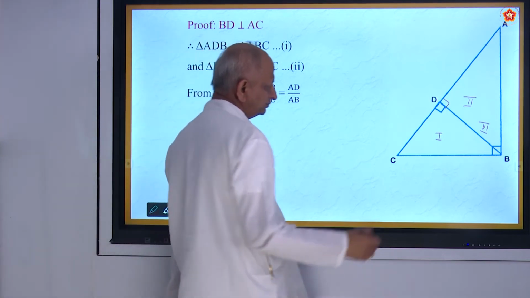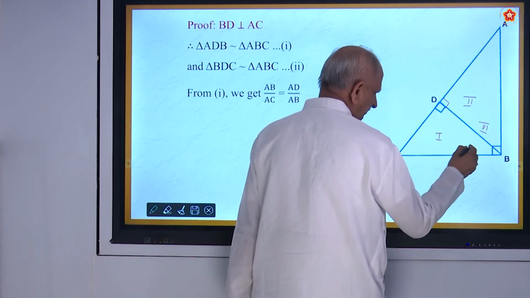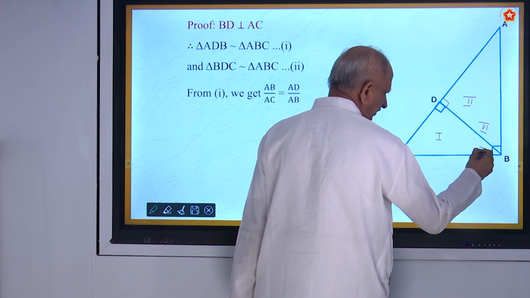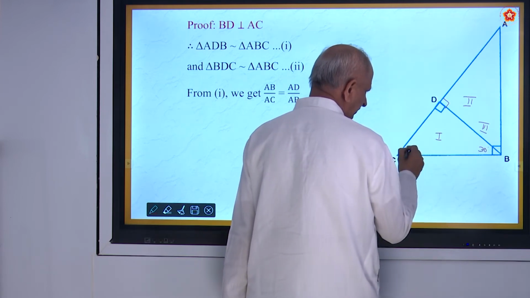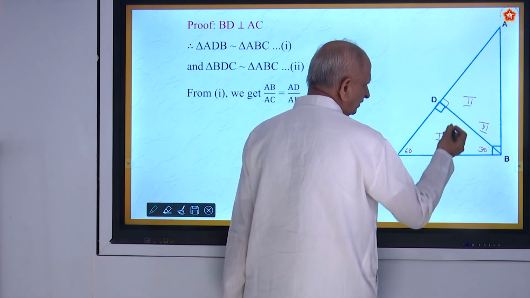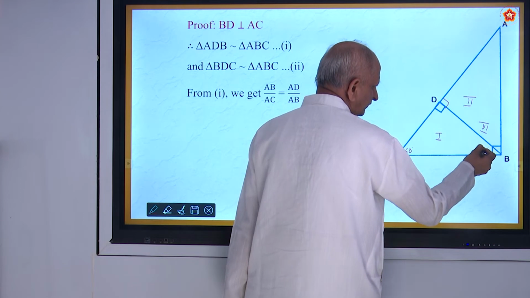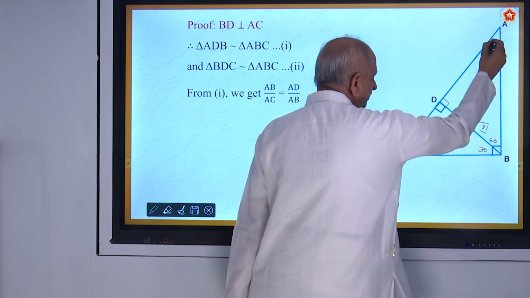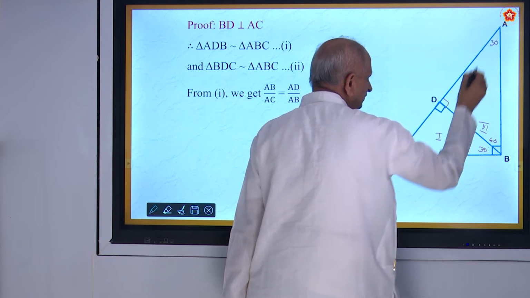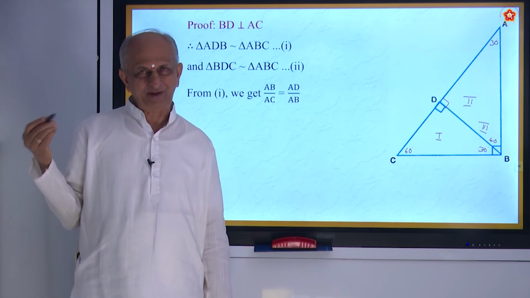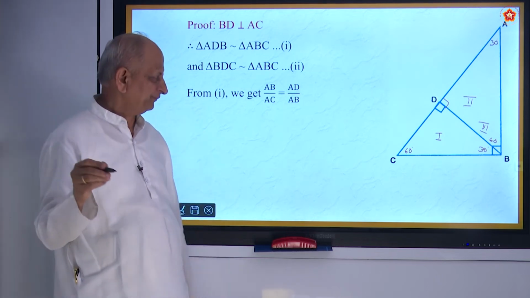And as we have seen last time, suppose you have this angle as 30 degrees here, this becomes 60 in this triangle. And in this triangle, if this is 30, this becomes 60. Naturally, this becomes 30. An example I gave. Need not be 30 only, can be 40, 50 also, no problem.